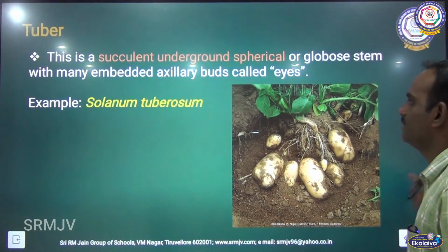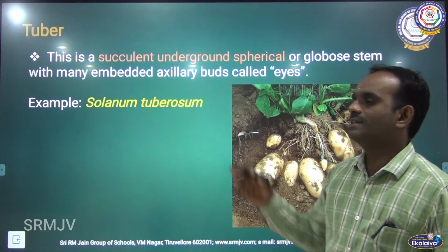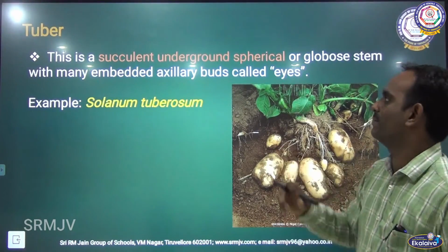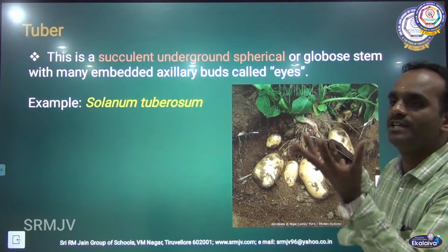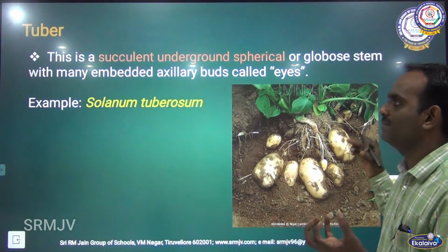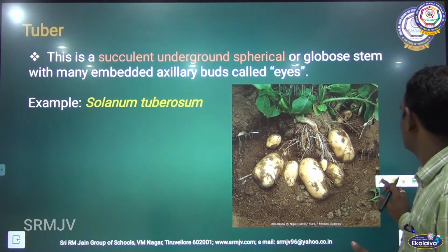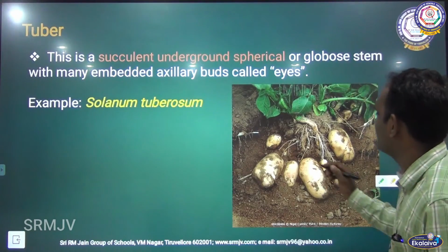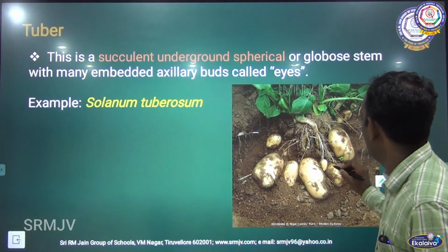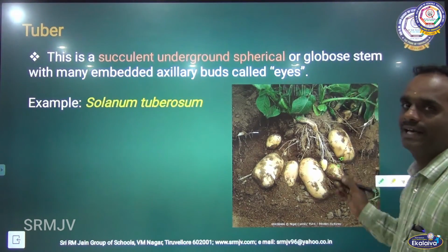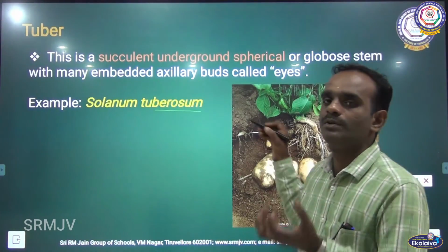The next one is tuber. This is a succulent underground stem having a spherical shape or globose stem with embedded axillary buds called eyes. Small axillary buds are there. Example is Solanum tuberosum.